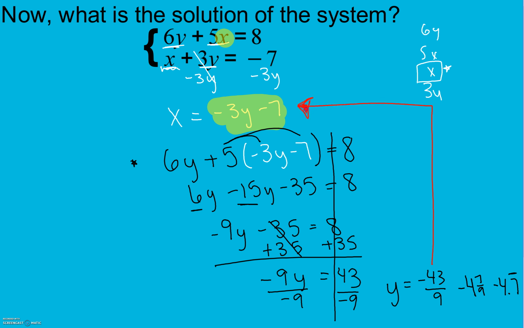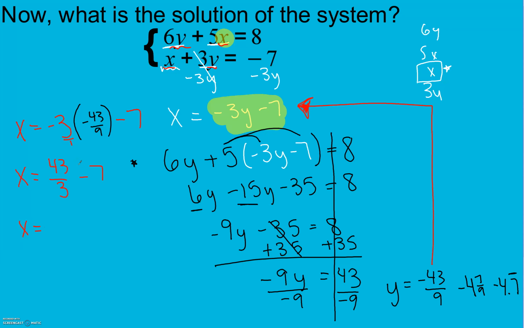Once we have y, we still have to find x. We have two variables in our original equations, so we have to have two variables in our answer. X equals -3. Y, we know, is -43 over 9. And again, the rest of our equation stays exactly the same. So we multiply there over 1 straight across.